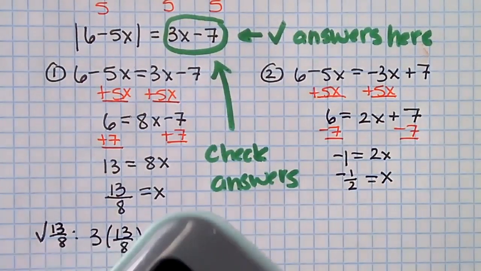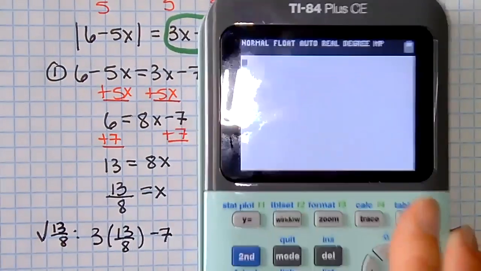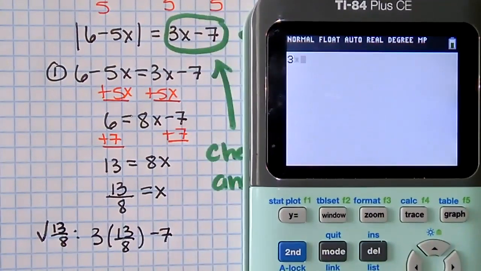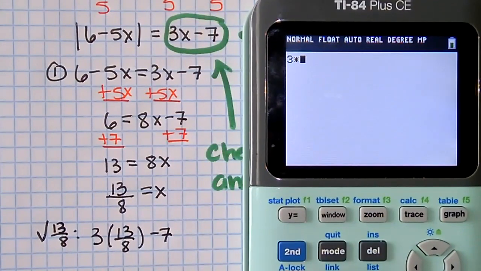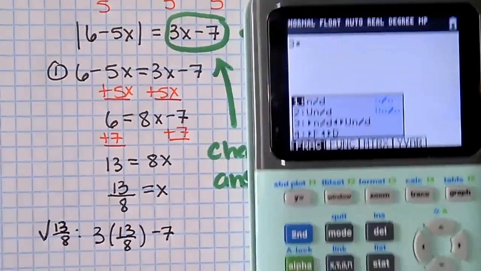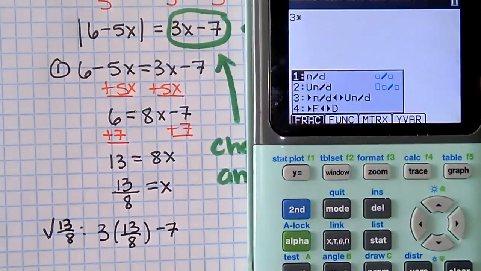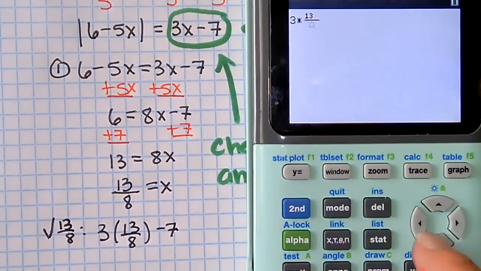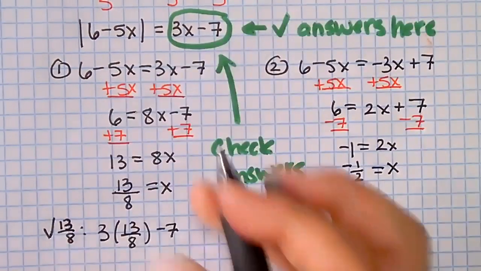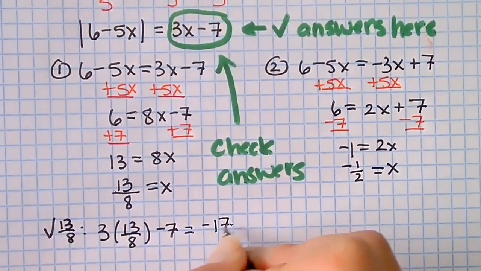Put that in my calculator. So I'm going to go 3 times, and to get my fraction, I can do alpha y equal. Okay, again, the alpha y equal, and that's number 1. And I'm going to type in 13/8 minus 7, and I end up getting a negative 17/8. So this is equal to a negative 17/8.